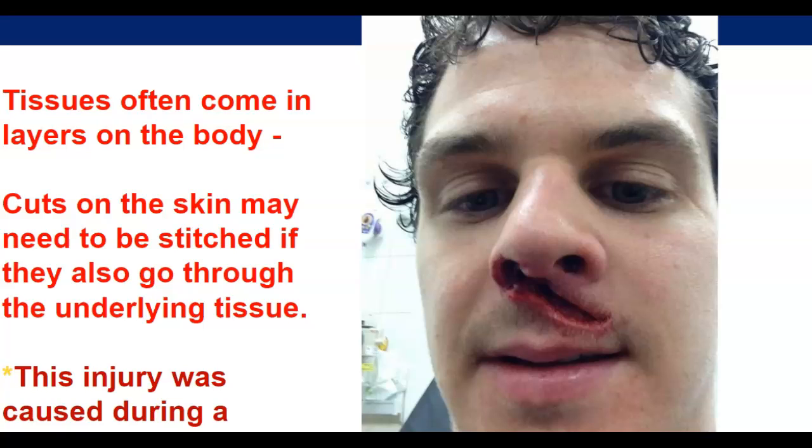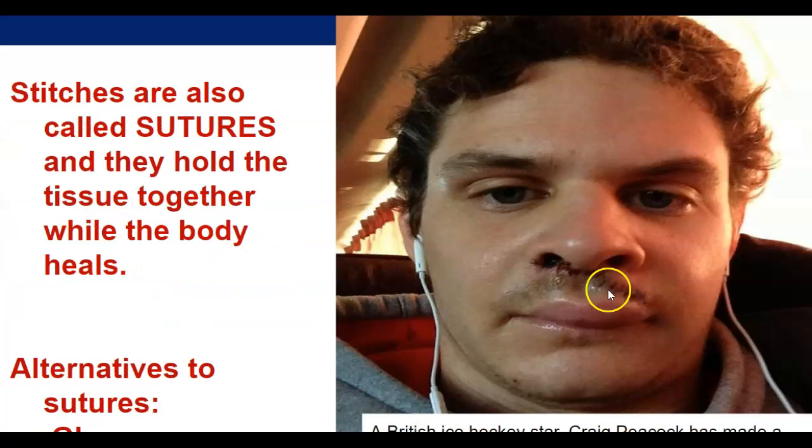So not only did you go through the skin, and many, many layers of the skin, through the basement membrane, underneath, even farther down. So in this case, it's best to do a bunch of stitches. So here you can see the person's face, and right over here, this was all stitched up. It's kind of covered, and this guy did a really good job by growing out his hair over here, so it kind of looks like a mustache.